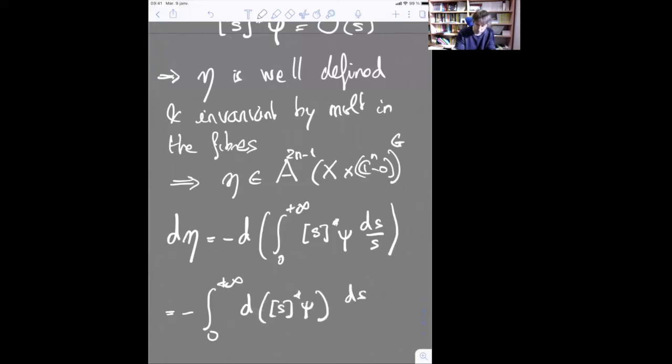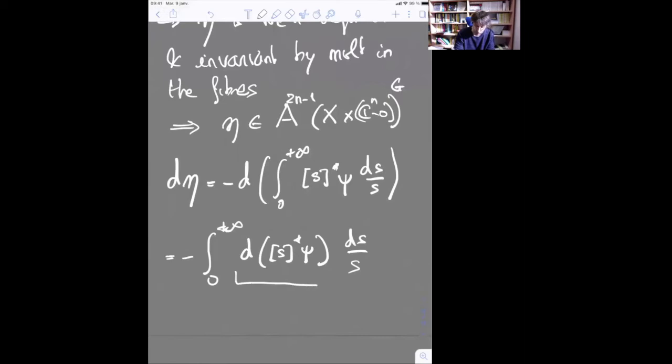And here you have ds over s. But now we have said that the differential of s star of psi is equal to s times d over ds of s star of phi.